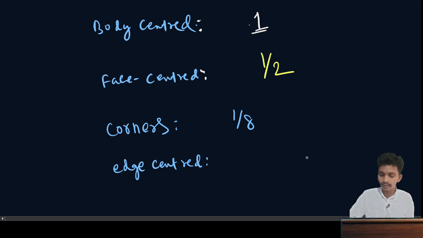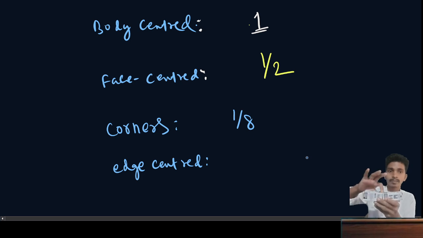For the edge center, let's say this is the edge center. To cover this edge, I need 1 unit cell, and another one, and one side is still visible. If I take another, then this edge is completely covered.